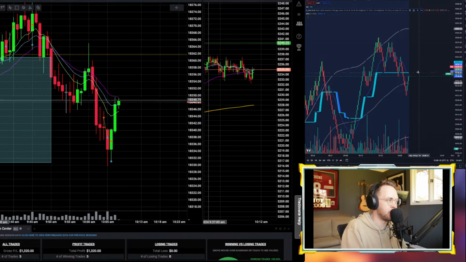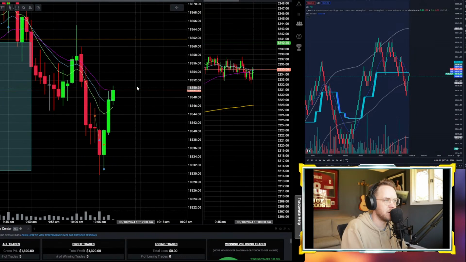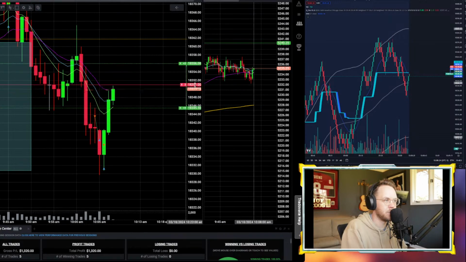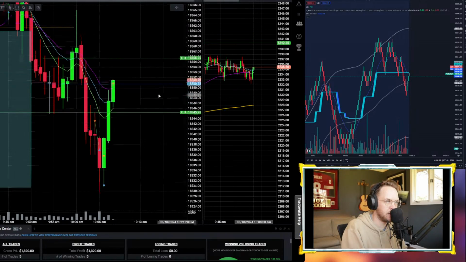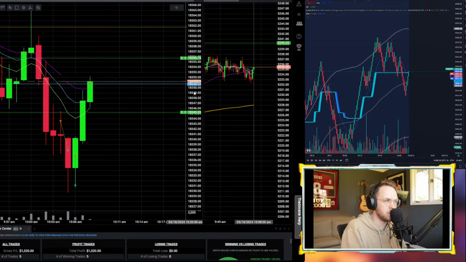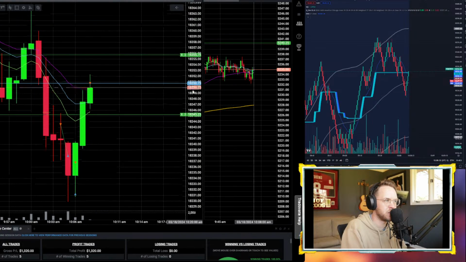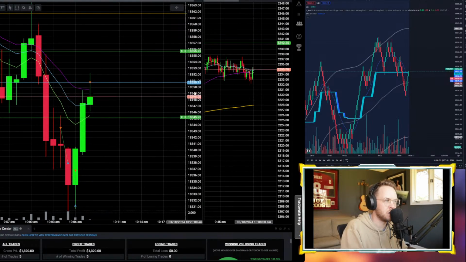All right, I'm going to be looking for one more short here off of 51. And we might just blow through this. 51, there we go. All right, I'm in short. This 50 level has been pretty strong resistance. So I'm in short. Let's see if it gives me the fill here. We're close.